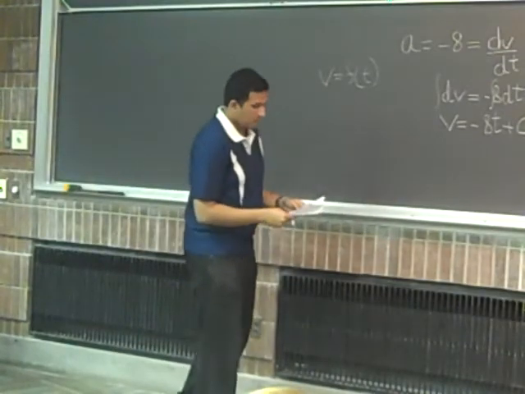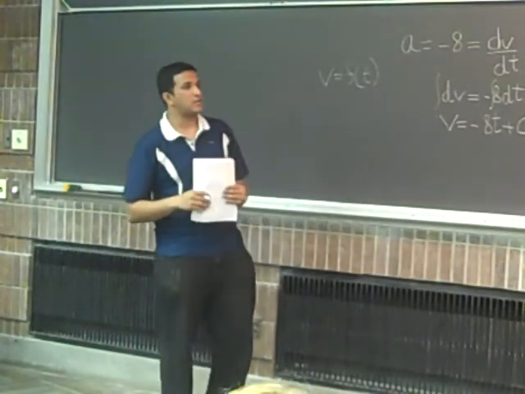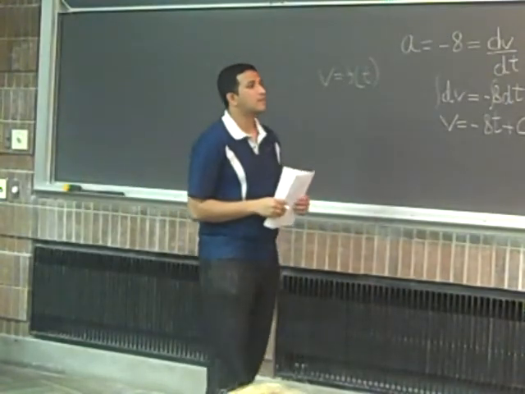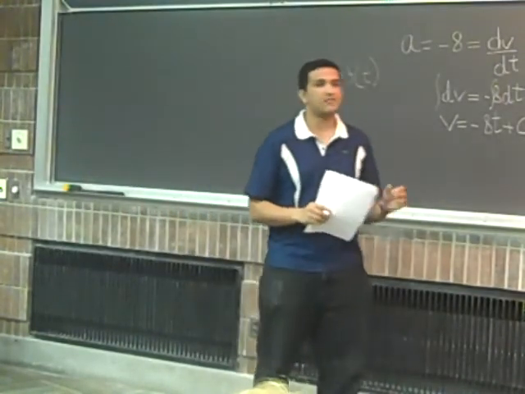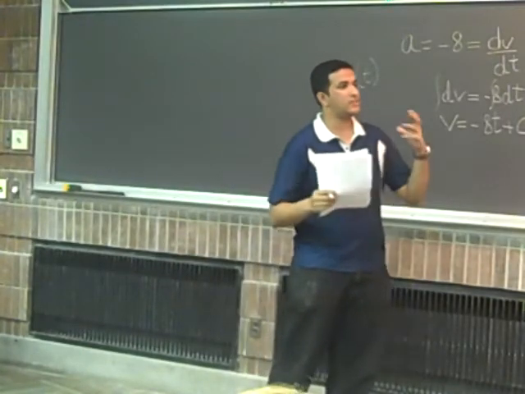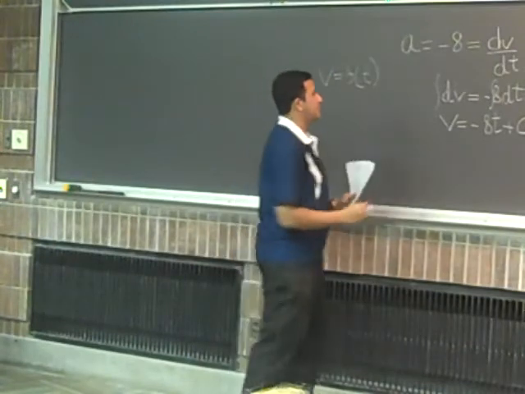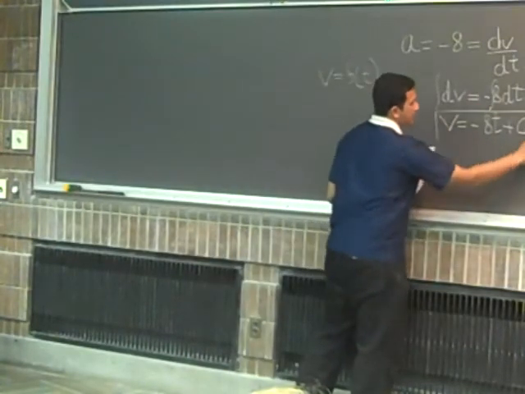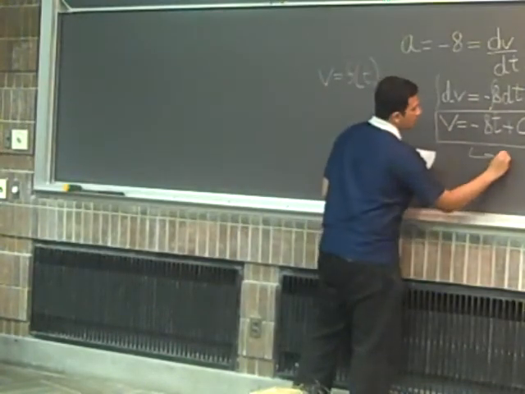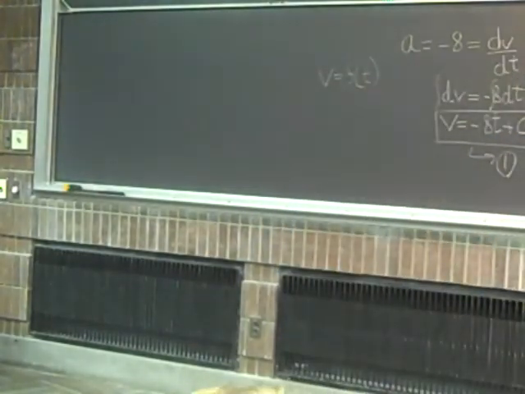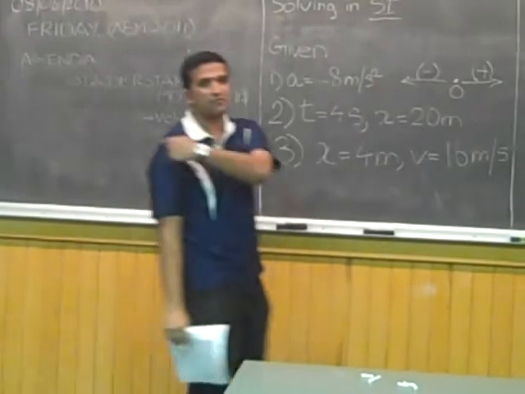Okay, so we are running short of time, so let me quickly summarize what we have done so far. From our very basic principles, we have figured out the differential expressions for velocity and acceleration. We have found the expression for velocity, which we need here.